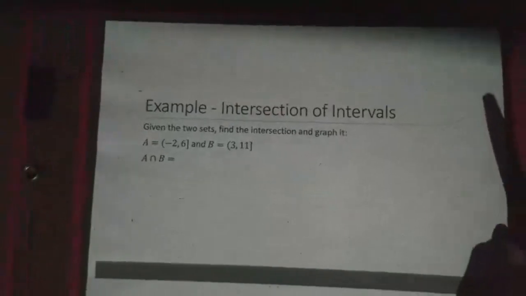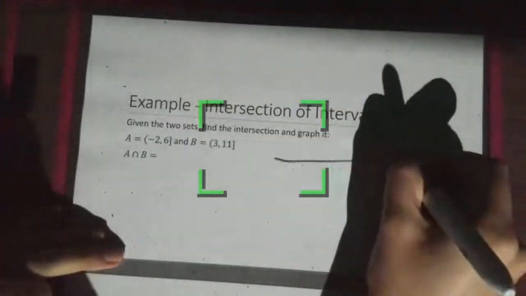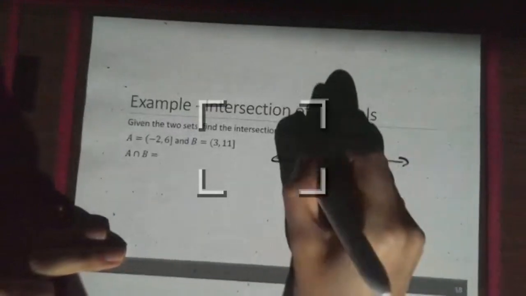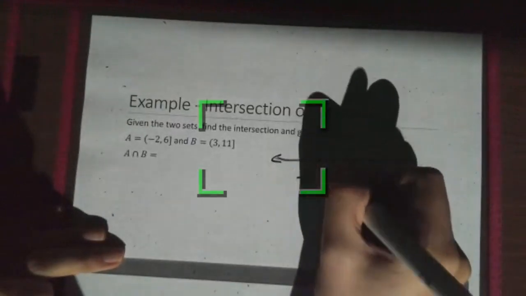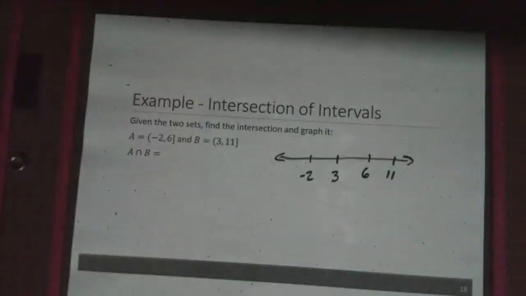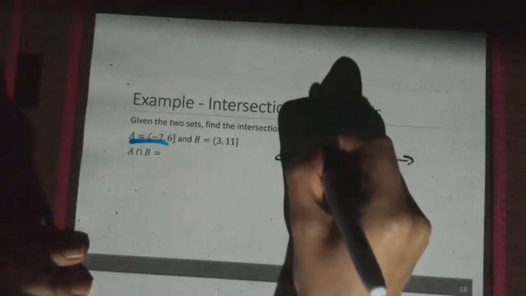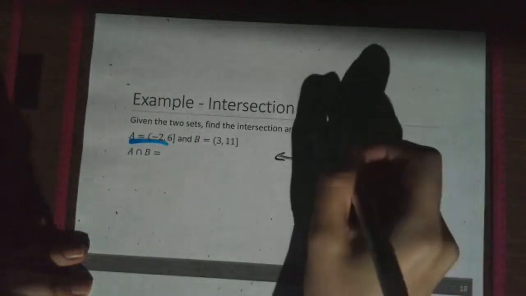Next up, we're going to look at the intersection. So we have the same sets A and B. So we have a -2, a +3, a +6, and a +11. I did A in blue, so open circle at -2, closed circle at 6.